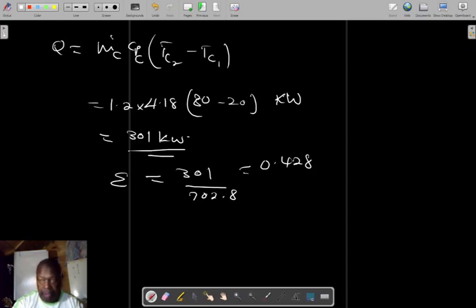And know that this is a counterflow exchanger.